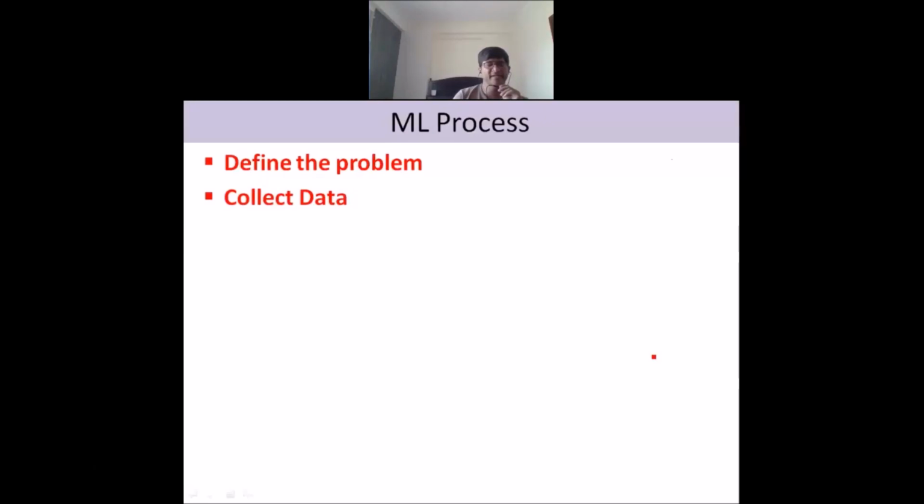Now the second important step is the collection of data. We have to collect the data on which we can apply this machine learning algorithm. Now in the collection of data, there can be different aspects. For example, as I was saying, in most cases, in the case of supervised learning, we have to apply the training part, right?